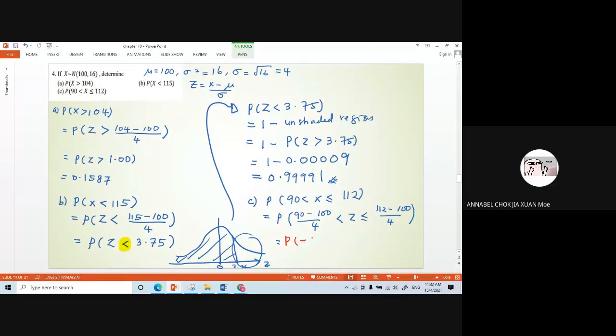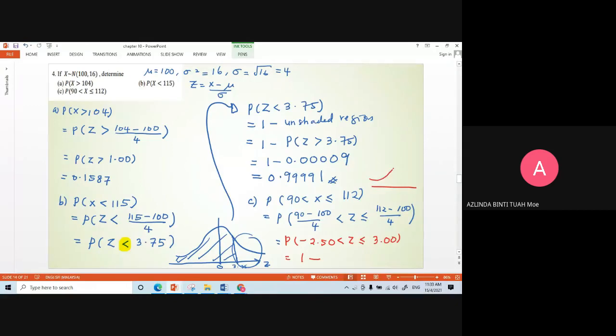Negative 2.50, is it? Yes. Okay, the second one? 3.00. Okay, so it involves two regions, positif ada, negatif ada. Jadi kita akan buat 1 minus nanti.